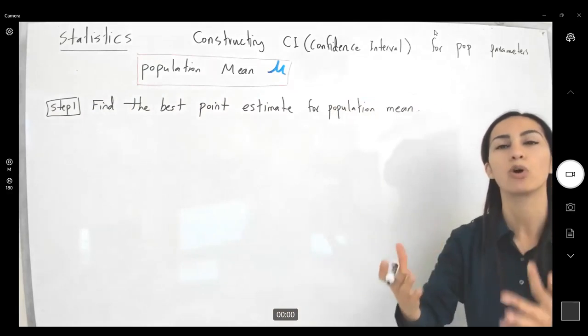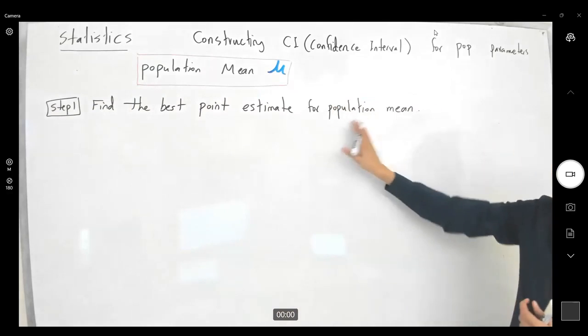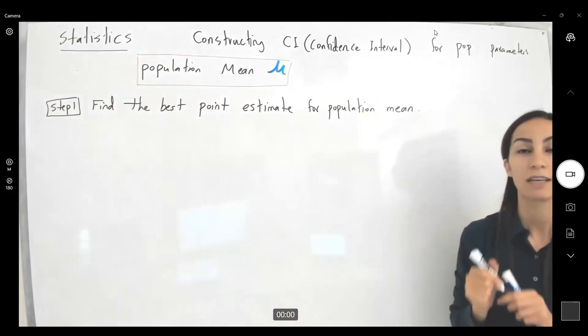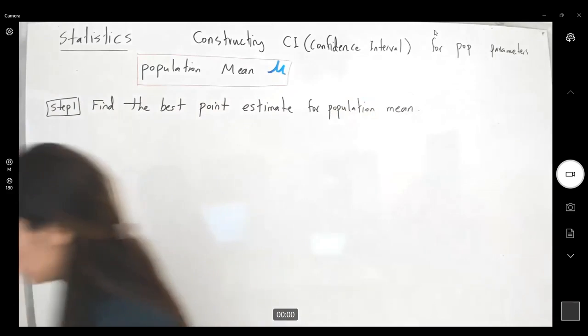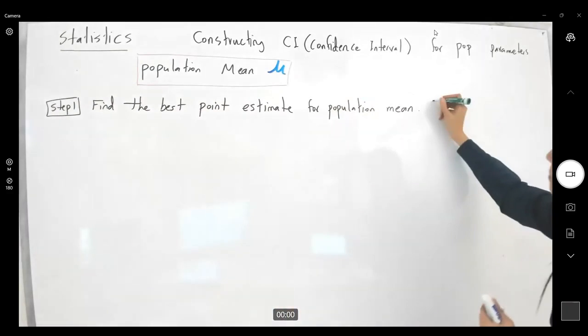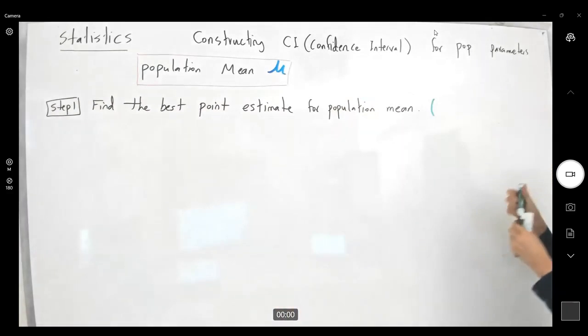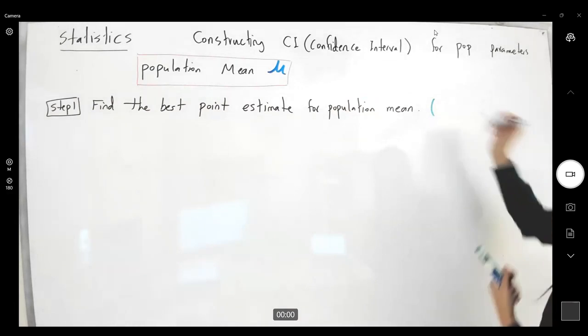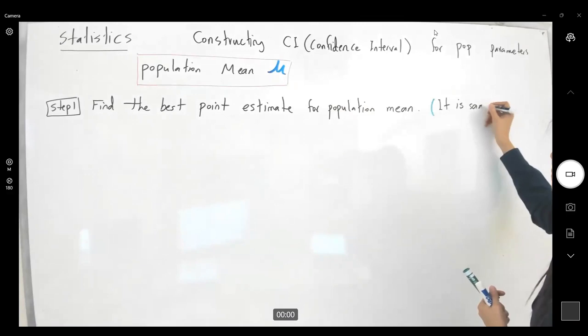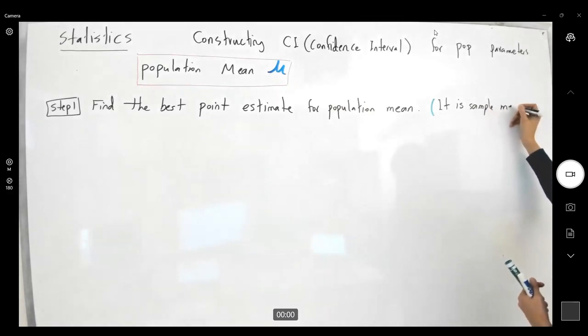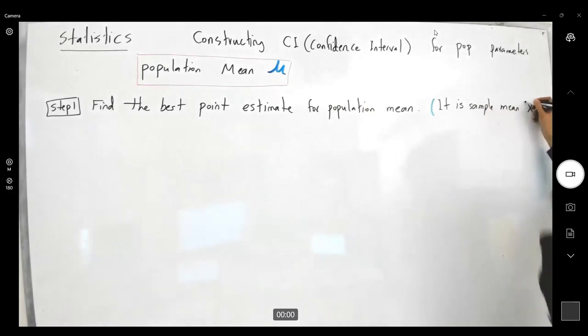The best point estimate for population mean is the sample mean. The sample mean is denoted by X bar, as you remember.